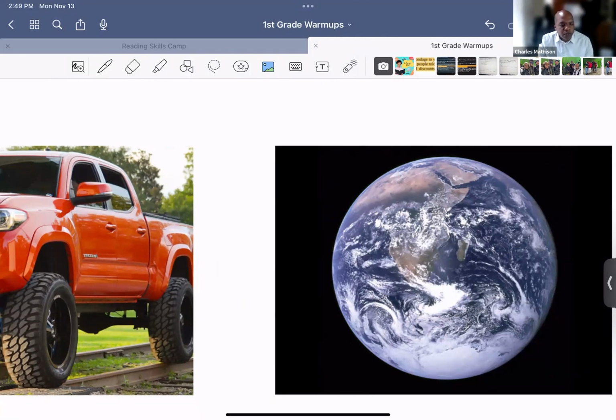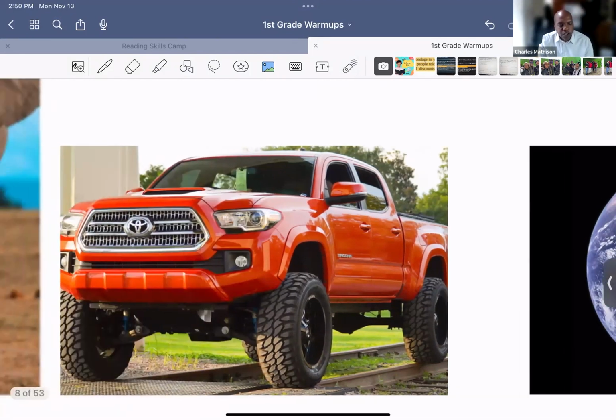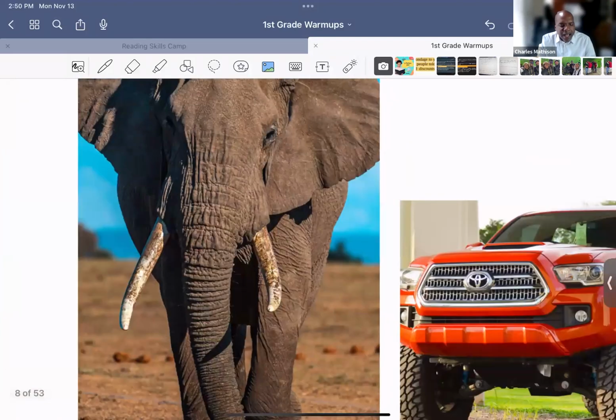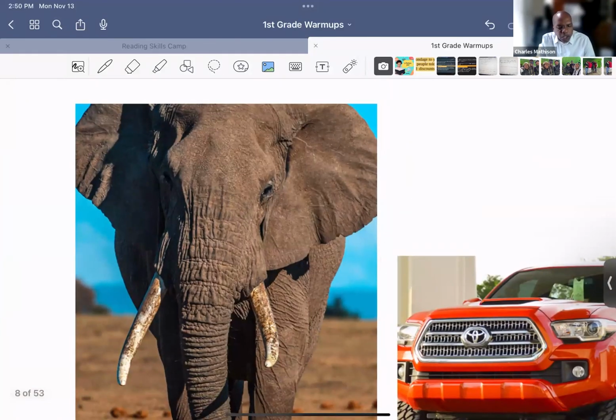We also look for textures. So texture means how something feels. So if I were to touch the car, by looking at it, it looks smooth. When I look at the elephant, it looks kind of crinkly or wrinkled.